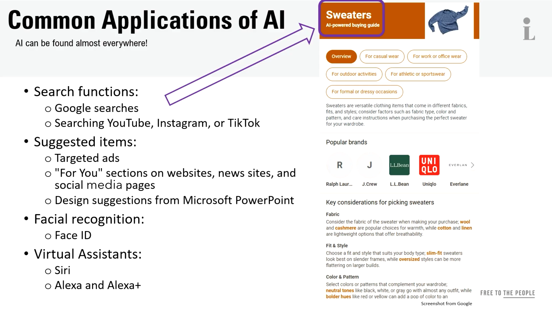Sometimes it's very apparent, like in this Google search, where it says AI powered buying guides, or you might notice since ChatGPT and generative AI have taken the world by storm, you're seeing it much more out in the open. So if you do a Google search now, you'll get an AI summary as the top result.